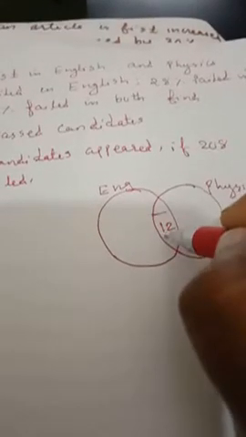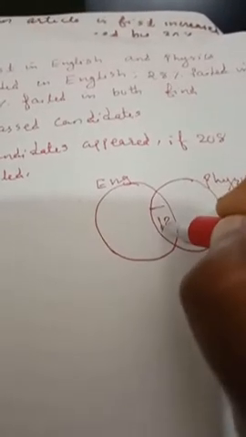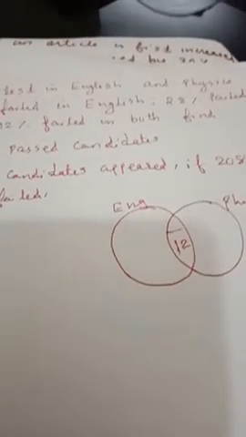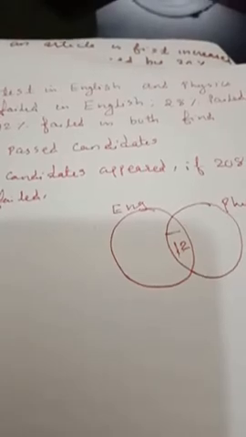Here 12% is included in both physics and English. So can you guess how many percent failed in only English? Only English.